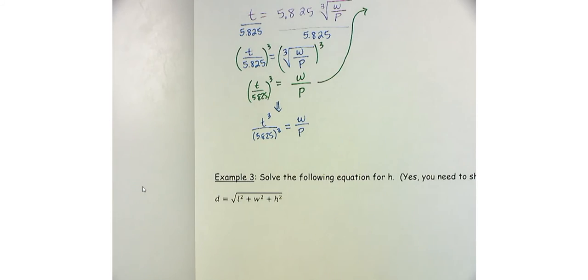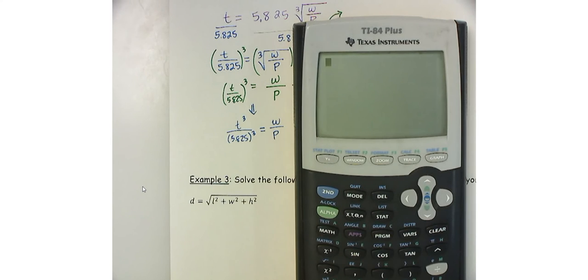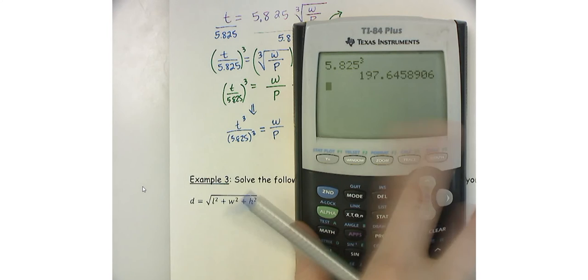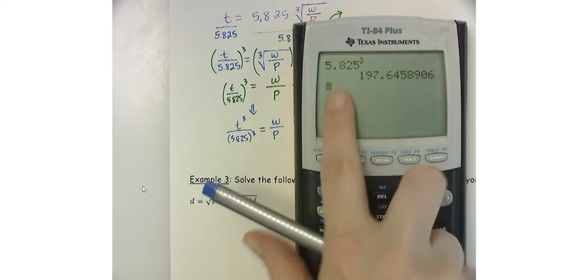All right, so then let's cross multiply. When you cross multiply with the proportion, you would get P times T cubed equals W times 5.825 cubed.